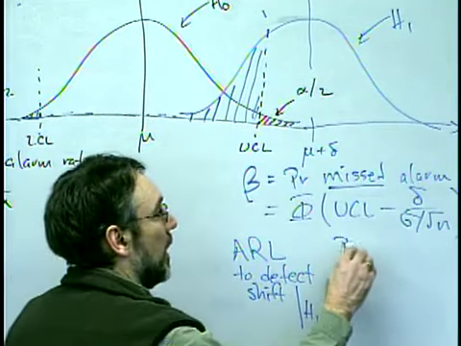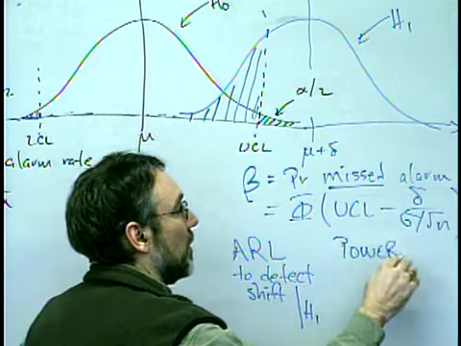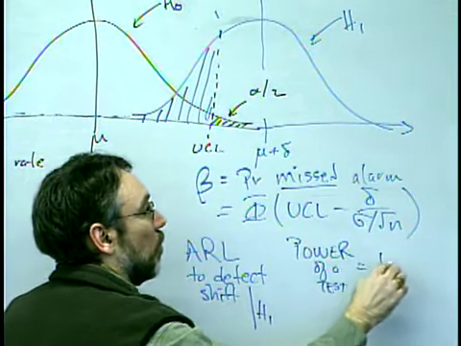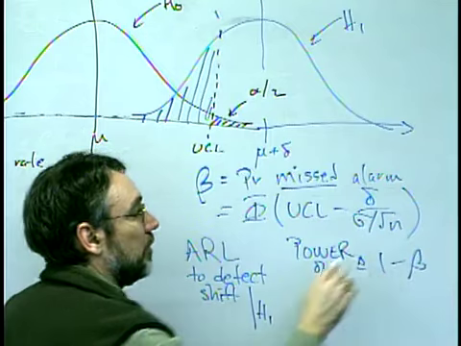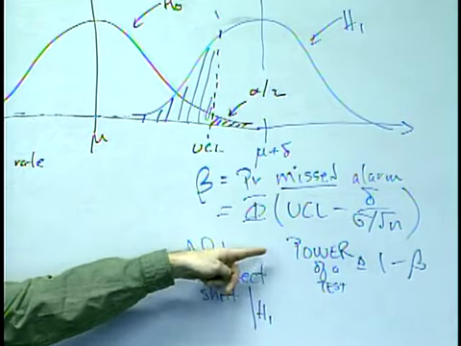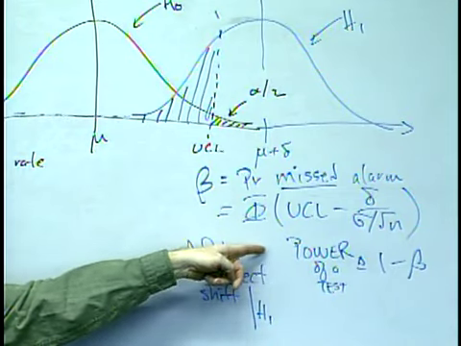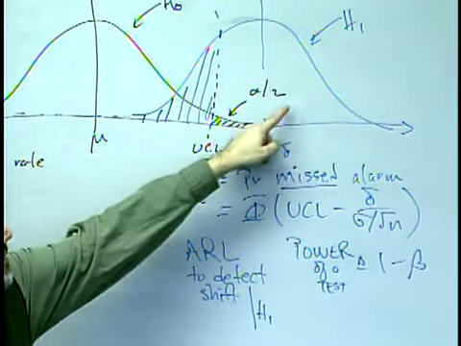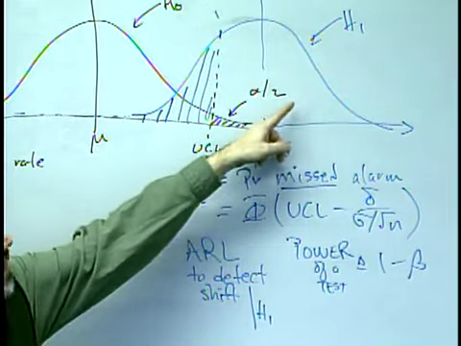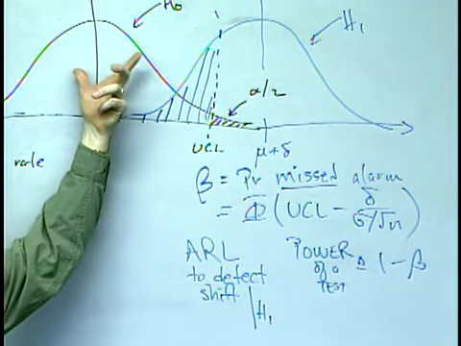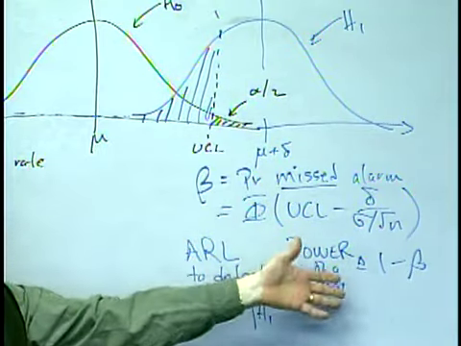There is also a definition referred to as the power of a test, which is 1 minus beta. Right? And that's basically the probability of catching an alarm on any one run. And that's just everything to the right of this. So now if I draw from H1, but not in the region where I would have declared it H0, that's 1 minus beta.